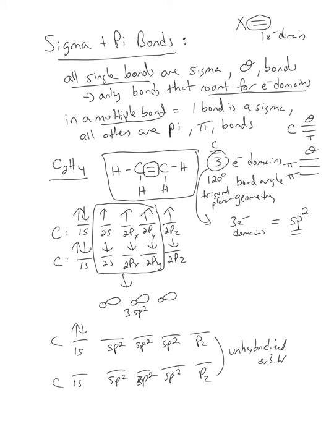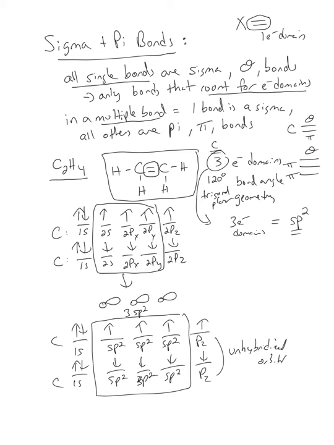The inner shell electrons don't take part in bonding because they're full. So now we have three equal orbitals which can take part in bonding. They don't bond to themselves, because if they did, there would be a triple bond between them, and that's not the case.